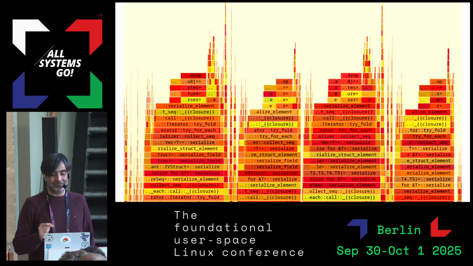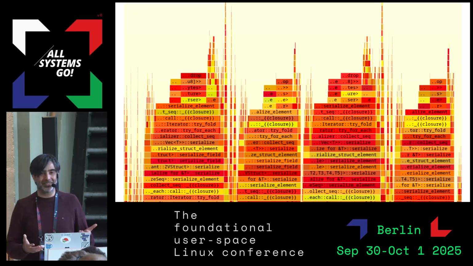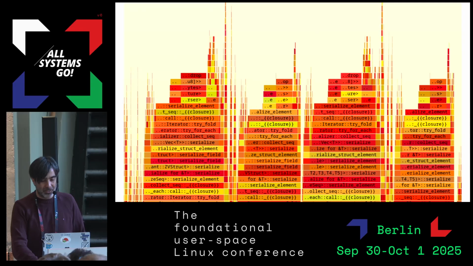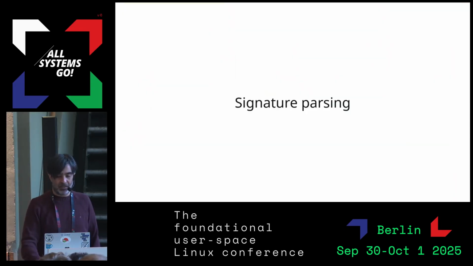The creators of this whole thing were not into colors, I'm guessing, because color-wise it's really bad, but yeah, it does its job. So what we found out was signature parsing was the biggest problem.